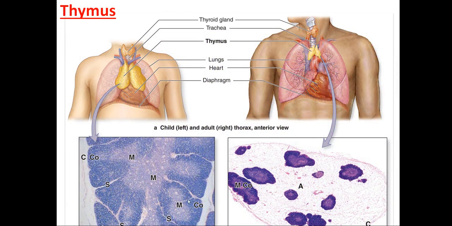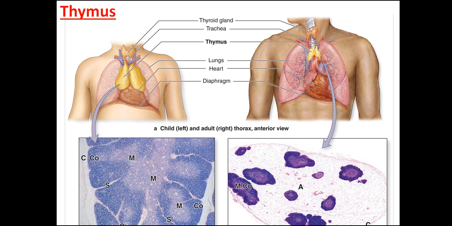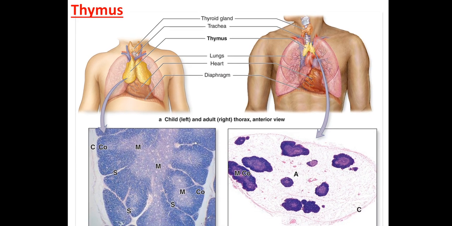This is the thymus. Where did we say the thymus belongs? To the primary structures. This is the thymus, bilobed, in the mediastinum.